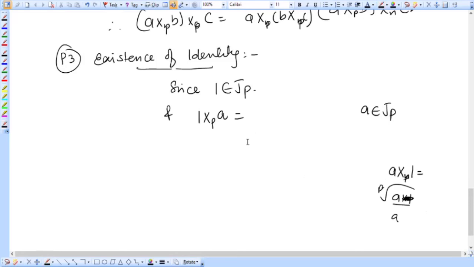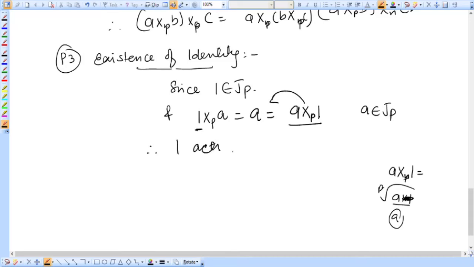Therefore, remainder is equal to a here. It is equal to a. Similarly, a multiplied b would be leaving the same remainder a. Thus, we can say this 1 is acting as, therefore 1 acts as identity.